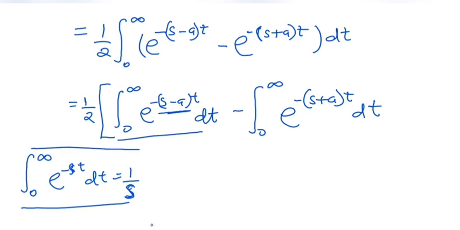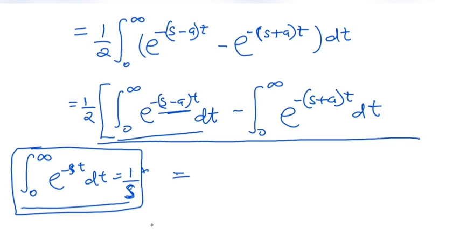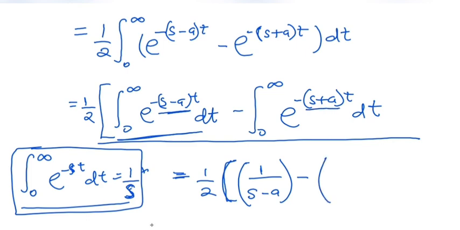So with this in mind, this whole expression will just be equal to 1 over 2 times the bigger bracket, then the smaller bracket, 1 over s minus a, minus, here s has been replaced by s plus a, 1 over s plus a, and then you close the bracket.